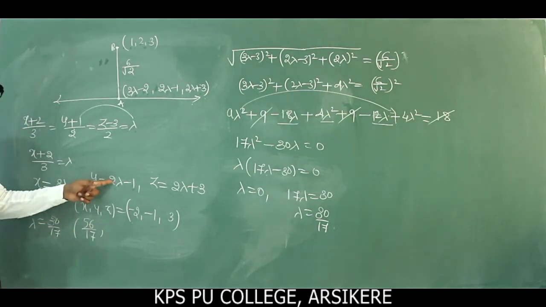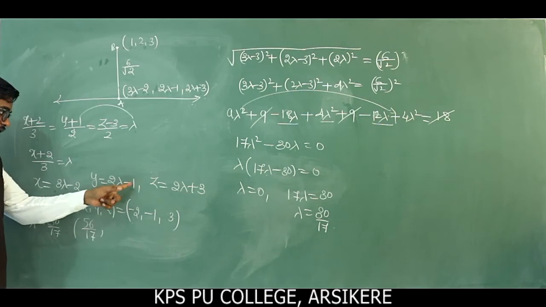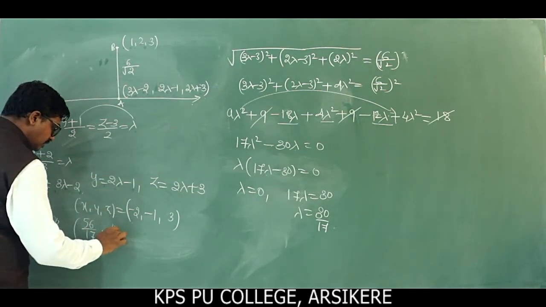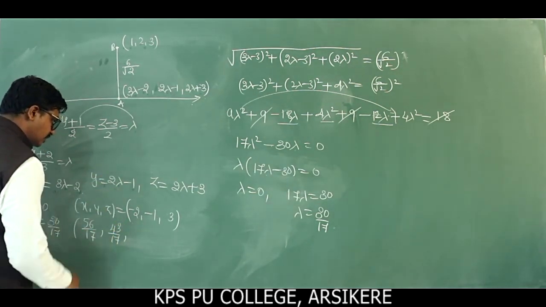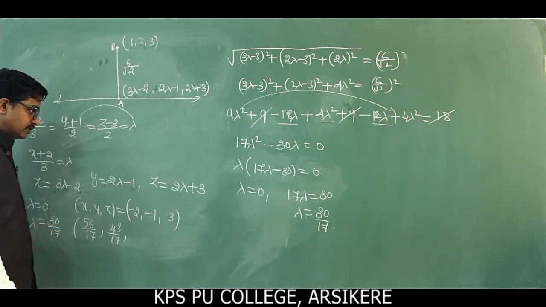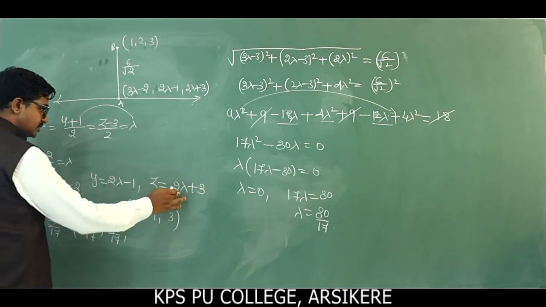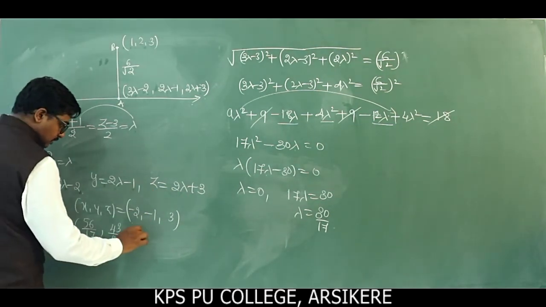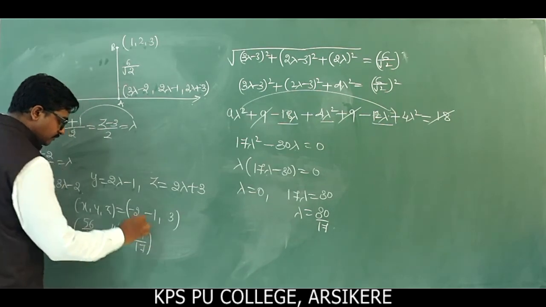Next one, 30 into 2 is 60, 60 divided by 17 minus 1, that is 60 minus 17 is 43 divided by 17, and the next one, 30 into 2 is 60, plus 51 is 111 divided by 17.